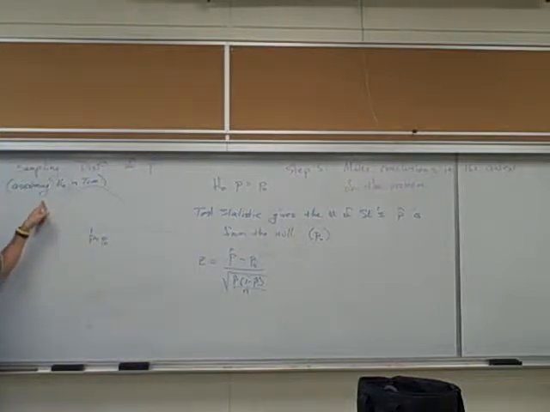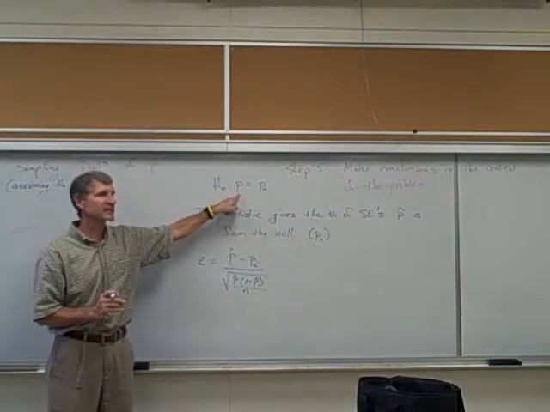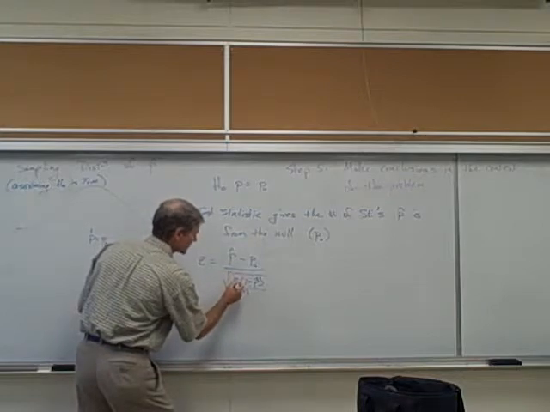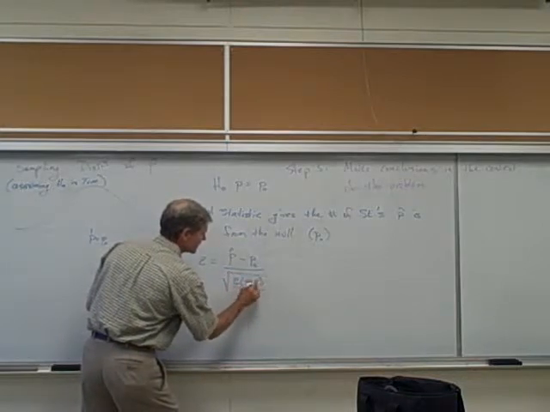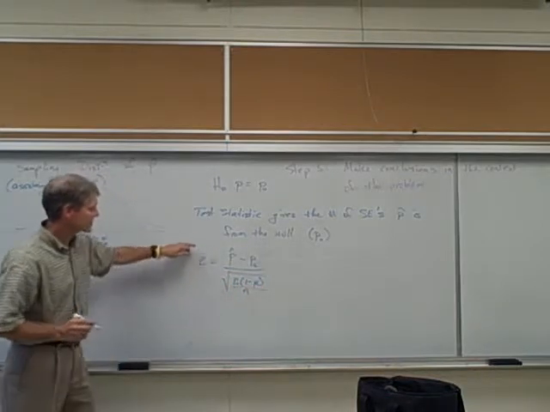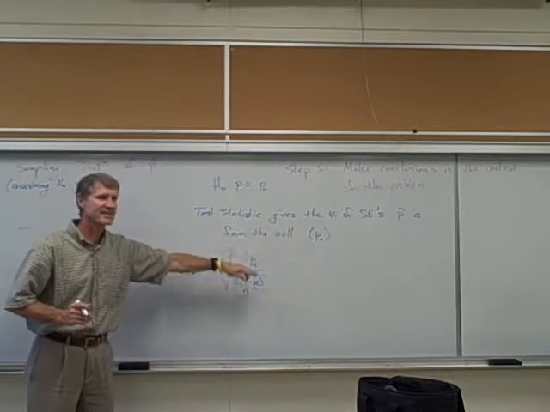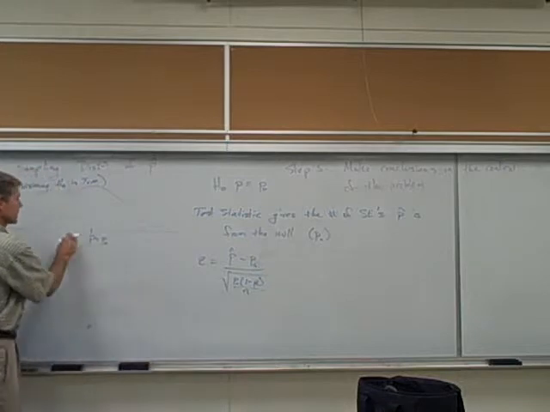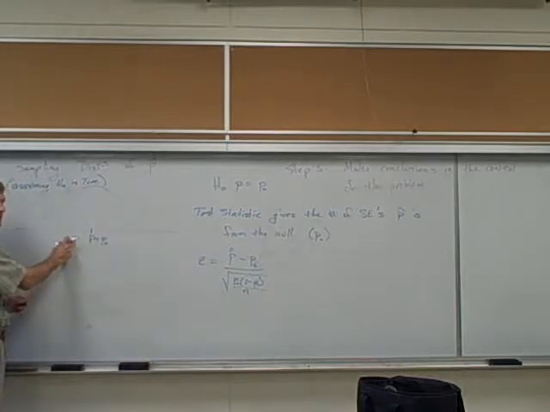So what is p? If the null is true, p is p0. So I don't have to use p hat, I can put in p0. So that's the test statistic for testing whether p is equal to p0. Okay?